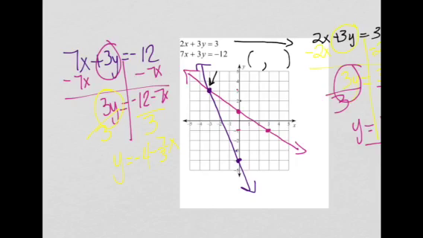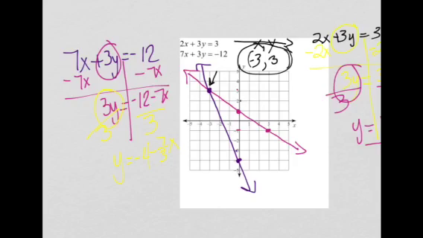What is that point? Again, an x and y value. Well, that point is x value of negative 3, y value of positive 3. And this is my answer.